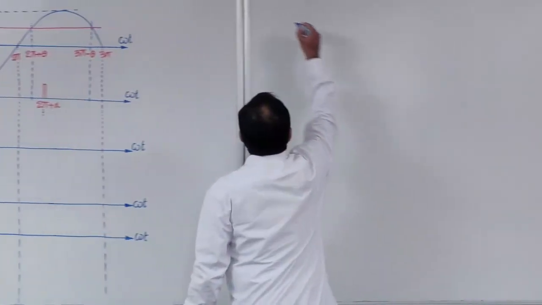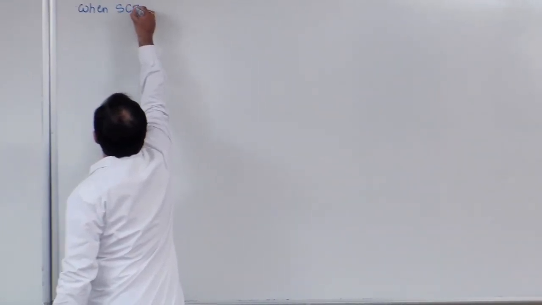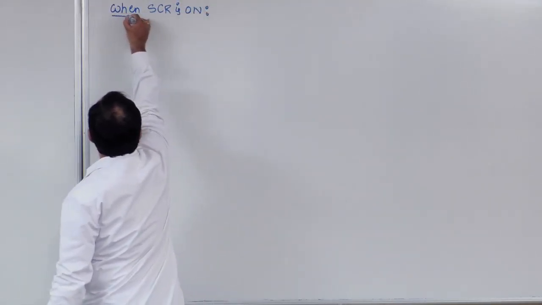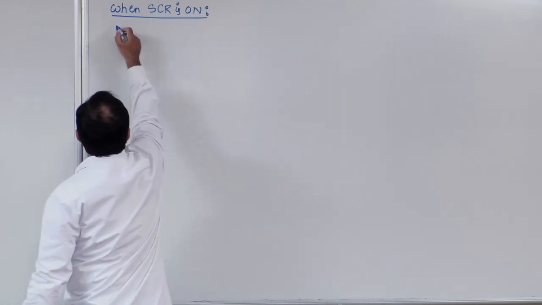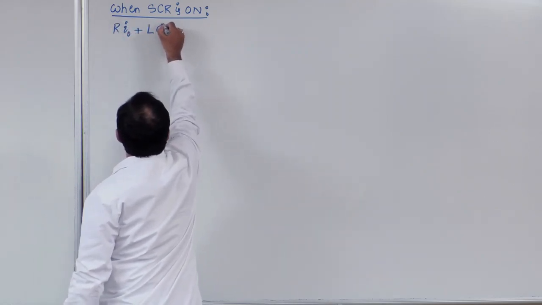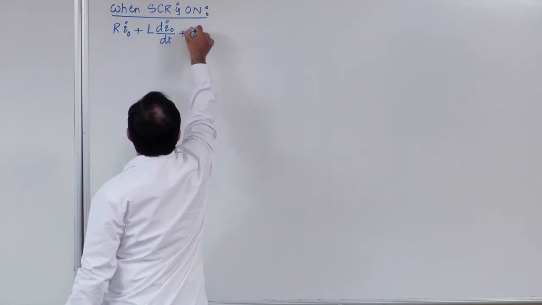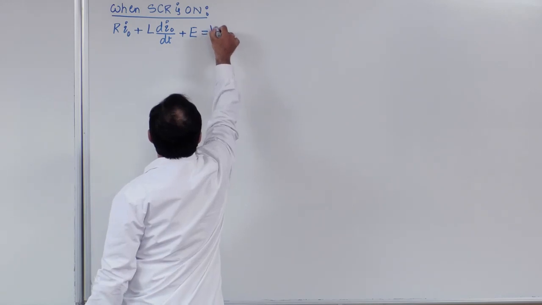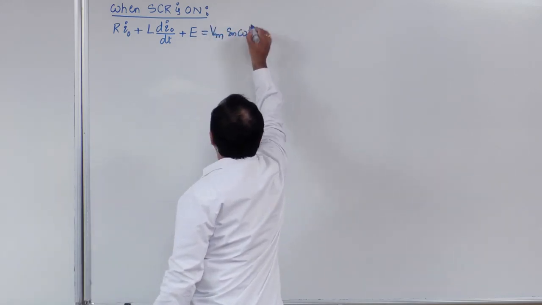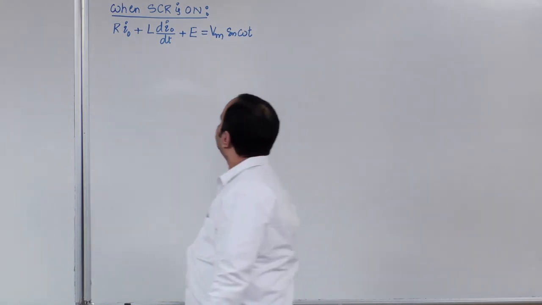When SCR is on, the circuit equation is R into I naught plus L into d I naught by dt is equal to Vm sin omega t.